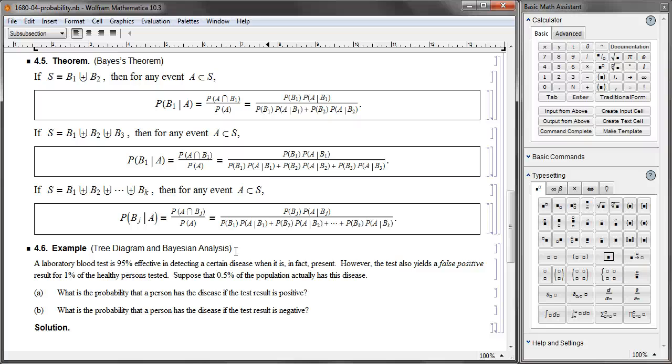Before going over to the solution of this problem, let us try to appreciate the setting of this problem. This laboratory blood test and this disease are of course fictional, and these numbers 95%, 1% and 0.5% of course will be bogus numbers. However, aside from those numbers, the setting is extremely realistic.